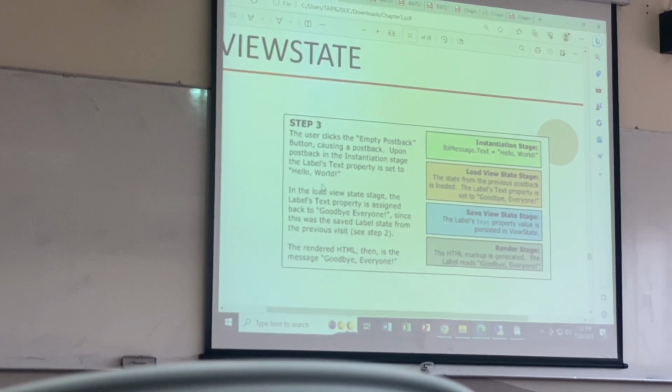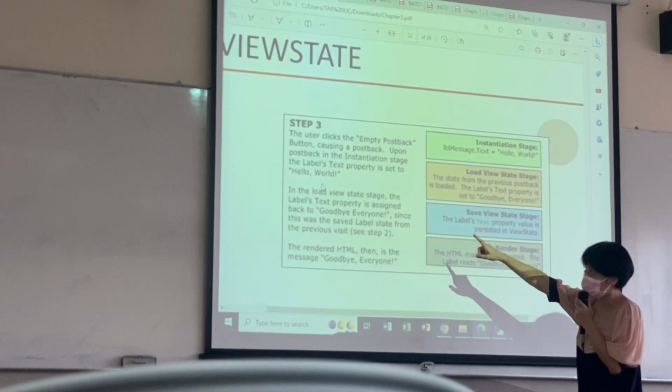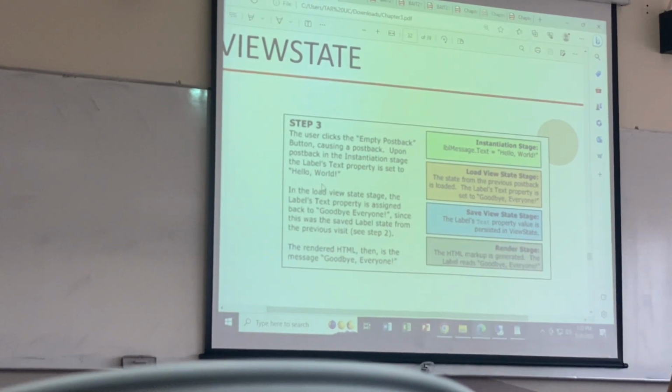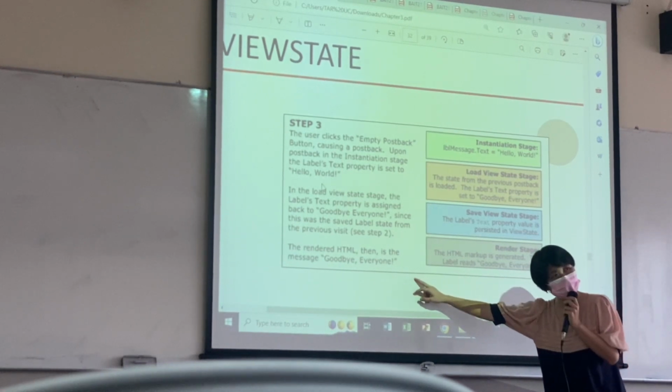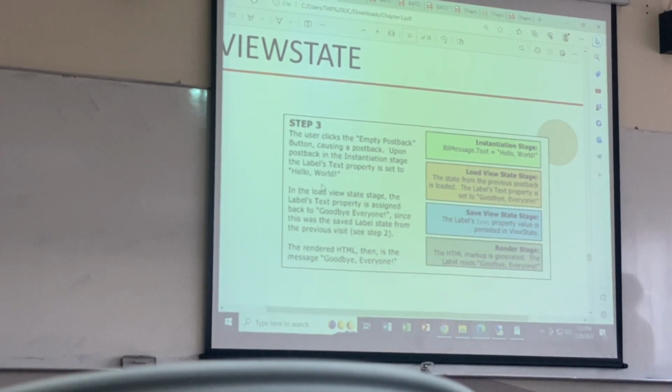In the load view state stage, the label's properties are assigned back to goodbye everyone. Since this was the saved label state from the previous visit, the rendered HTML then is the message goodbye everyone. So see how the stages work.